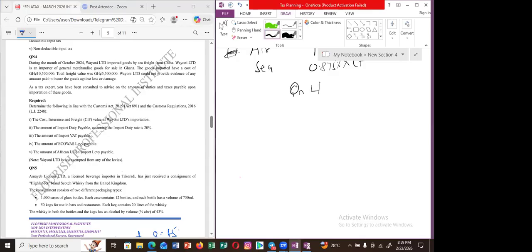The amount of import duty payable, assuming the import duty rate is 20%. III. The amount of import VAT payable. IV. The amount of ECOWAS levy payable. V. The amount of African Union import levy payable. Note: Wyono Limited is not exempted from any of these levies.